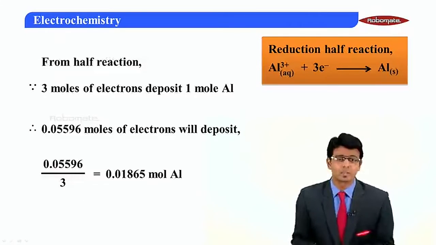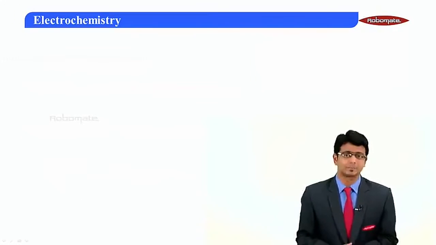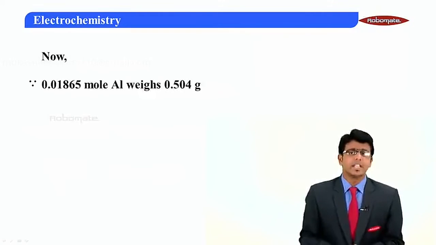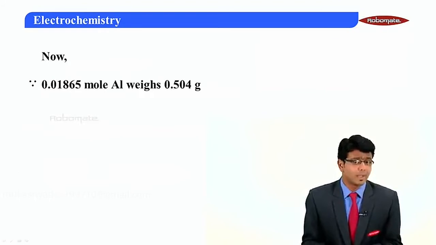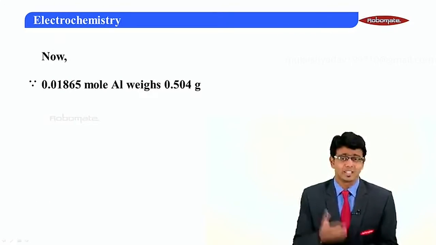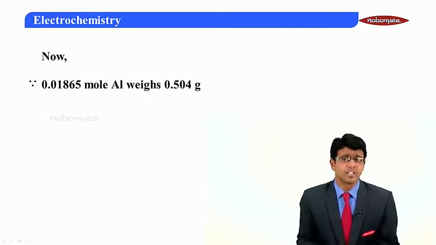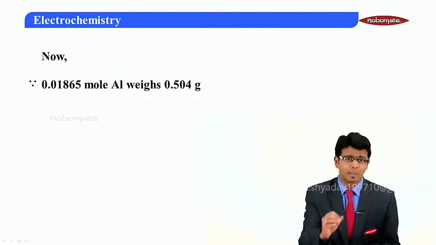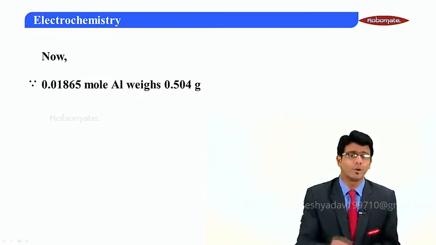But now we are supposed to find its molar mass, isn't it? So can we say that 0.01865 moles of aluminium actually weigh 0.504 grams? This is given in the question, isn't it? Therefore, we are supposed to find the molar mass, that is mass of 1 mole of a substance.